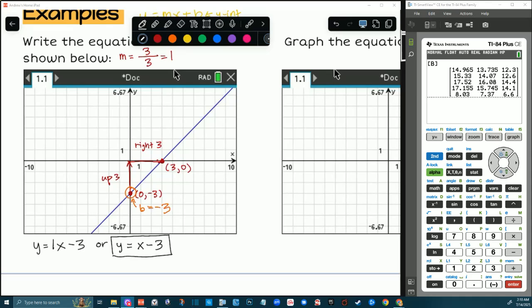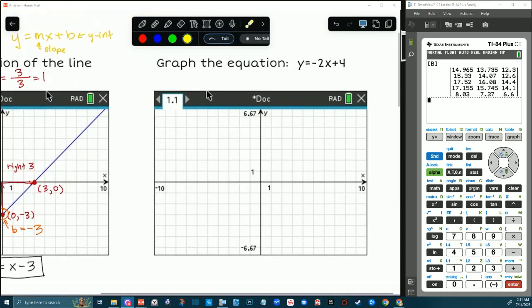When we wrote this equation, notice that the first thing we did was find the slope, and the second thing we did was find the intercept. When I'm graphing, I am going to do those things backwards. I am going to identify and graph the y-intercept first, and then use the slope to find a second point.